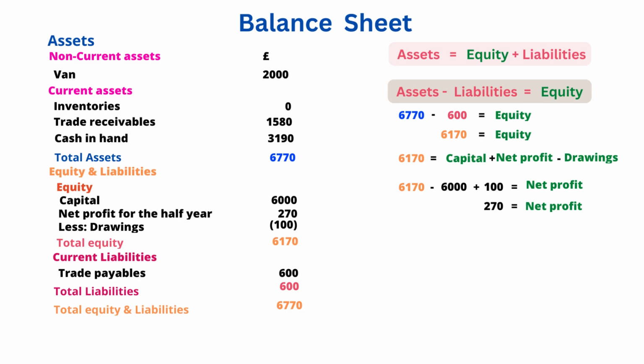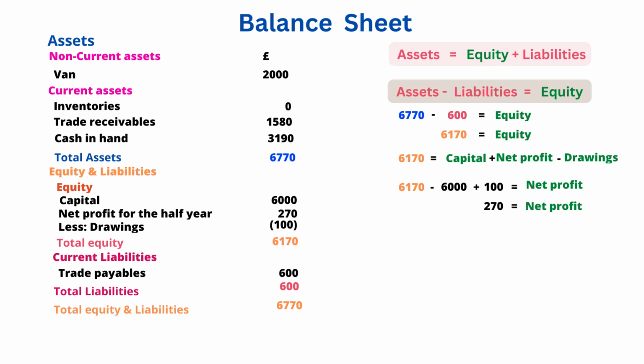So it will be 6,170 pounds minus 6,000, which is the value of the amount of capital, plus drawings. So equity is capital plus profits minus drawings. We need to take the drawings to the left hand side. So when we do that, it becomes positive. And then net profit will be 270 pounds.